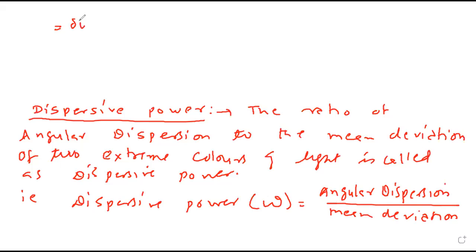So this is delta violet minus delta red upon delta violet plus delta red upon 2. Or if yellow color is given, then for the average you will take delta yellow, not this one.